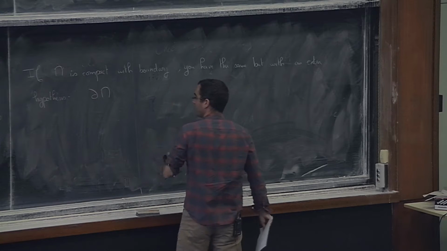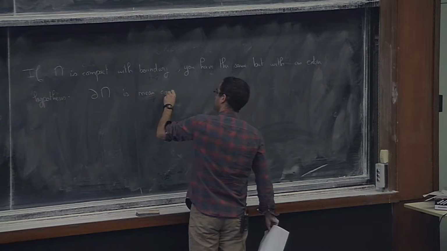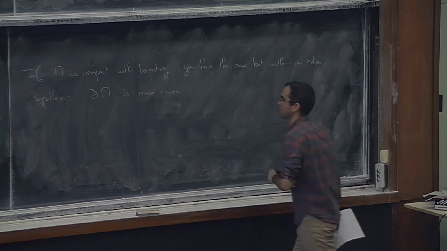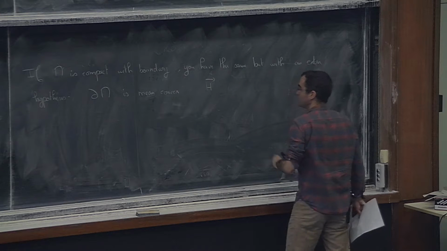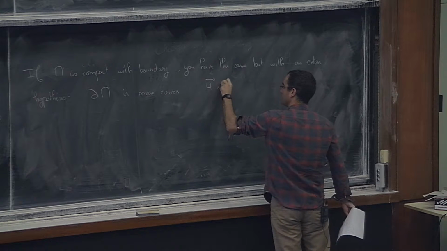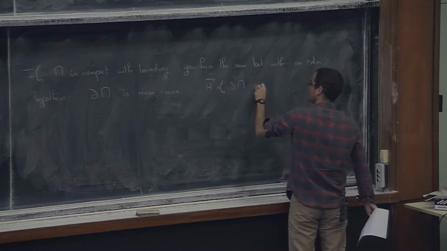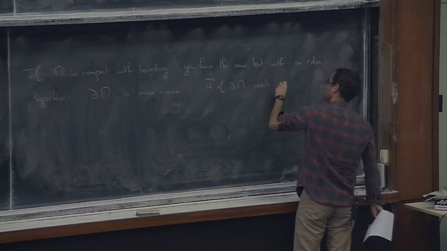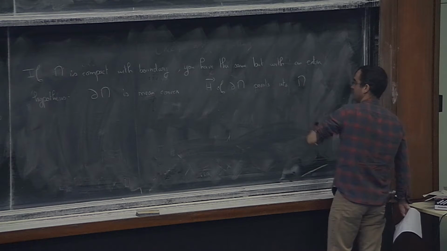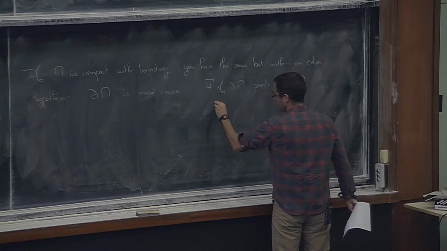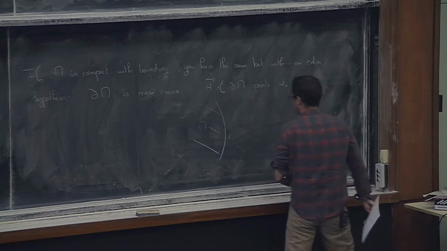The boundary of M is mean convex. And what is this? It's just the fact that the mean curvature vector along the boundary of M points into M. So the boundary of M is like this, and M is there, and it's not like this.